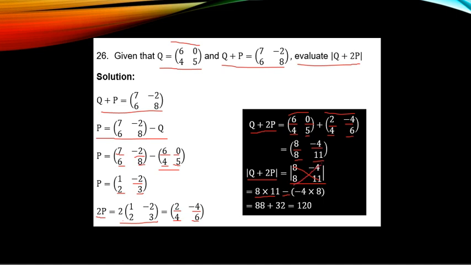Minus 4 times 8 as you have it here. So 8 times 11 is 88. Minus times minus is plus. 8 times 4, 32. And when you add, you have 120 as the result of evaluating the determinant of Q plus 2P.